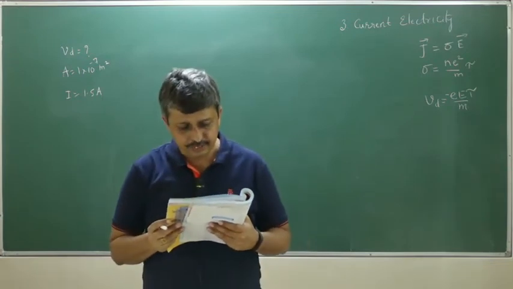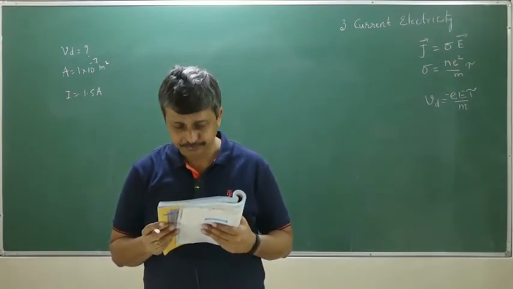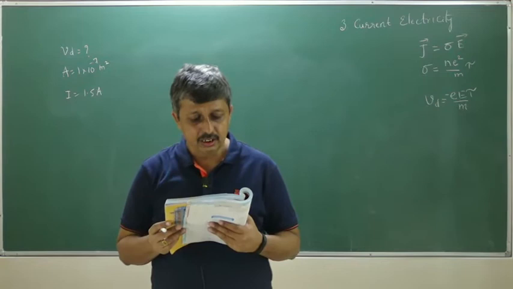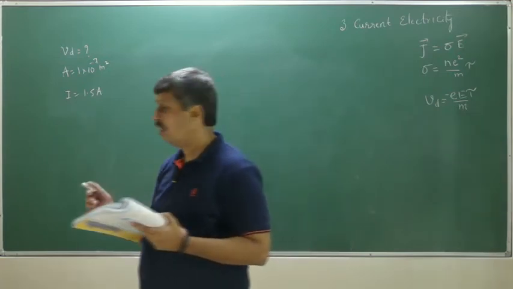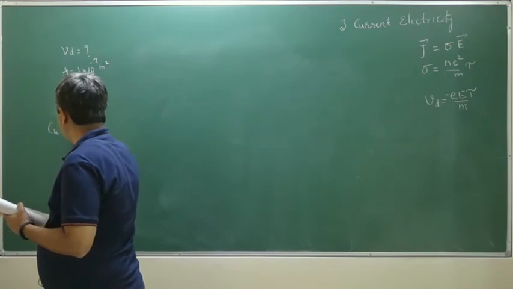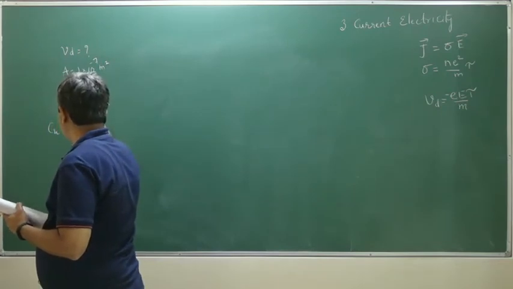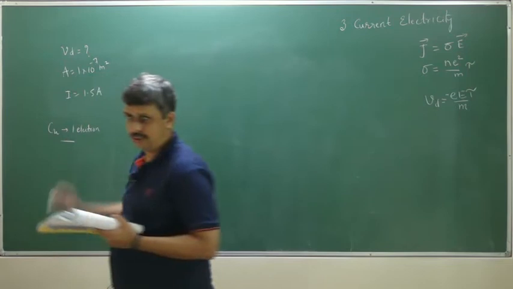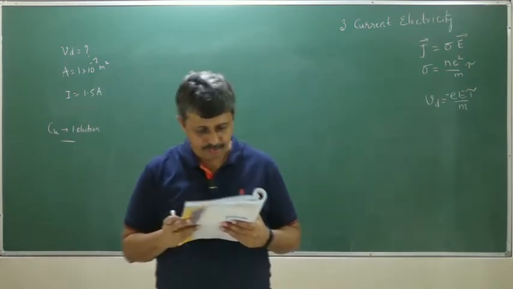Assume that each copper atom contributes roughly 1 conduction electron. So every copper atom gives 1 electron. Just take this as an assumption for this question.